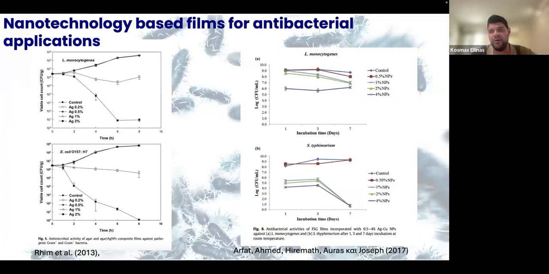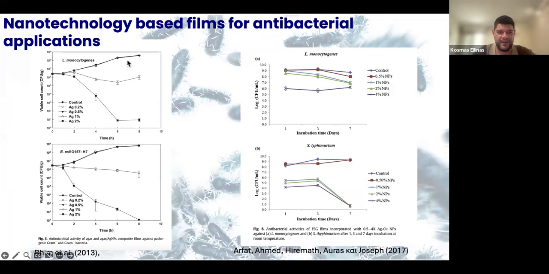Other works also worked with nanoparticles, as I said before, or other metals like silver. And again, they saw the same effect, that by adding micro and nanotopography and by adding bactericidal action, you can have a significant decrease in the number of colonies existing on this kind of surfaces.